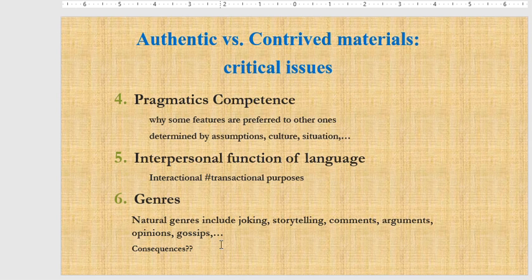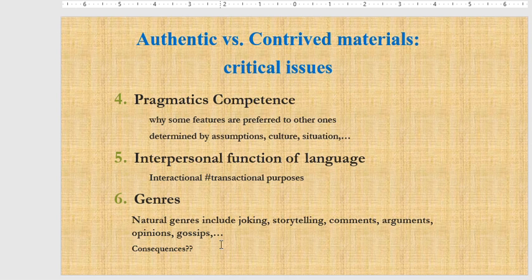But in authentic materials, joking includes the language of joking. Comments include the language and features of commenting, or the moves and steps of commenting. Arguments have the form of argument, the moves and steps of argument, the functions of arguments.